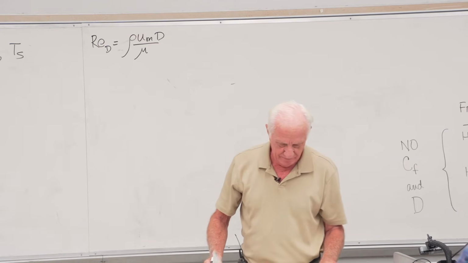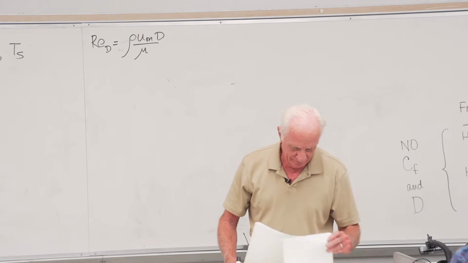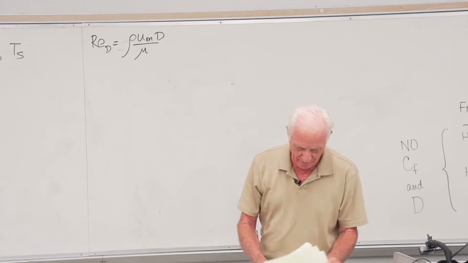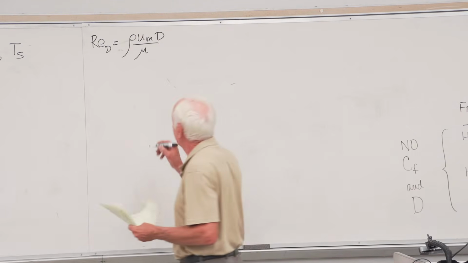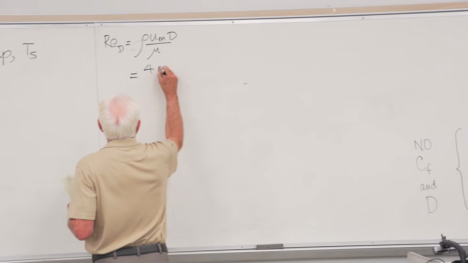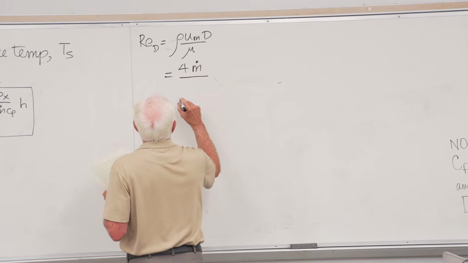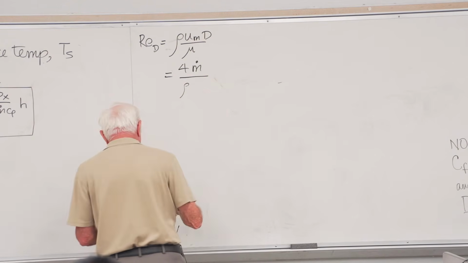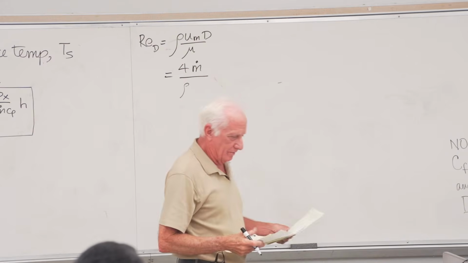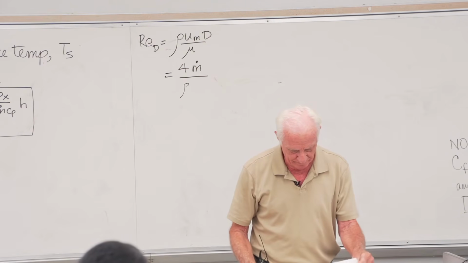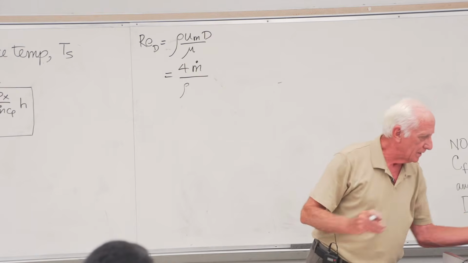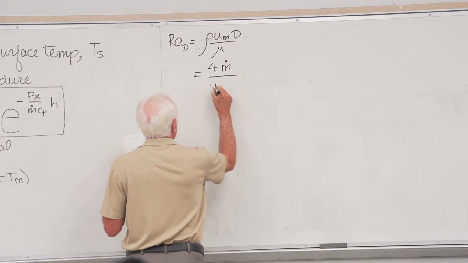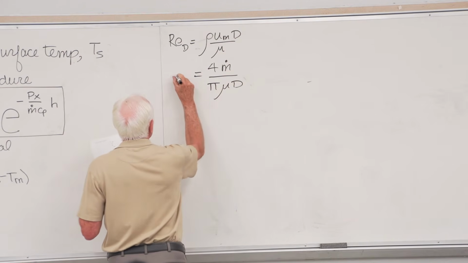And let's see what we got here. 4m dot over pi mu D. So this is what you want to use pretty much.